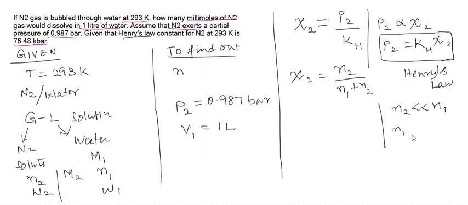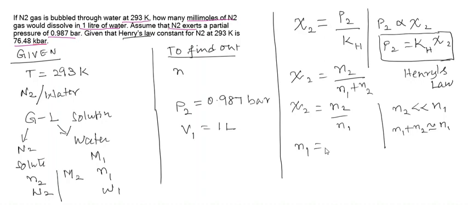So N1 plus N2 is approximately equal to N1. Do you understand? And therefore we can modify this formula. Chi2 is equal to N2 divided by N1. N1 is nothing but water. So we should know the number of moles of water present in 1 liter. So how to calculate this?